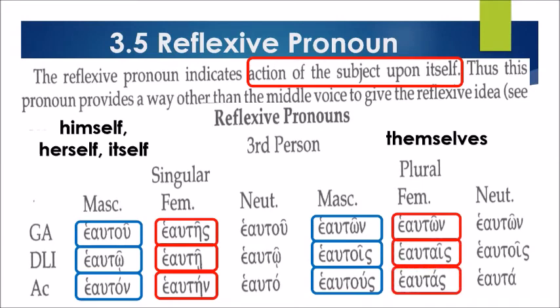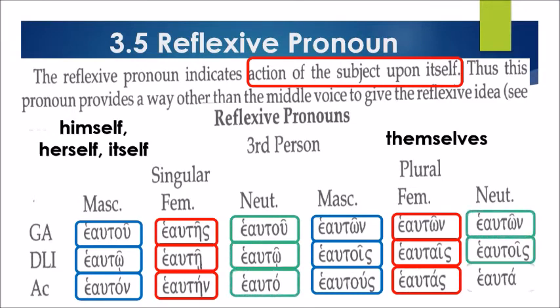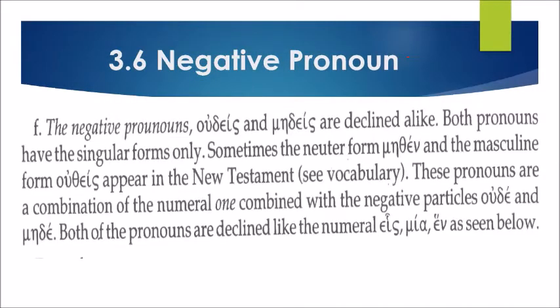And then the neuter: heautou, heautō, heauto, heautōn, heautois, heauta. So you can see here that the masculine, feminine, and neuter plural are also of the same forms in the genitive and ablative.